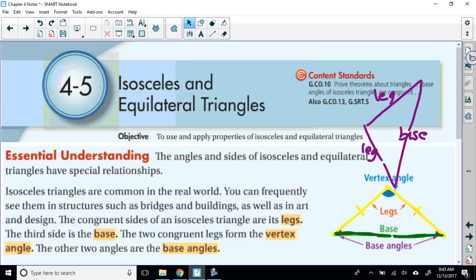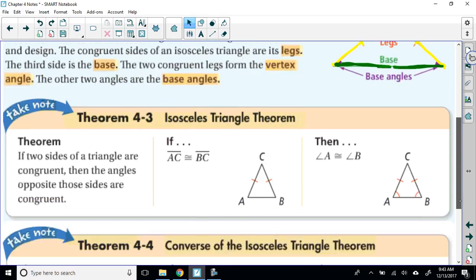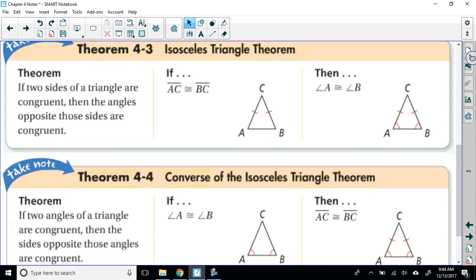All right, so hopefully everybody's had a chance to fill those blanks in and make sense of that. So we've got a couple of theorems here, and they're virtually the same, just one goes one direction, the other goes the other direction. Theorem 4.3 says if two sides of a triangle are congruent, then the angles opposite those sides are congruent.